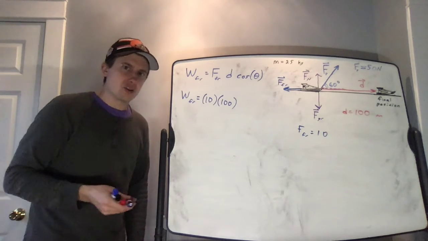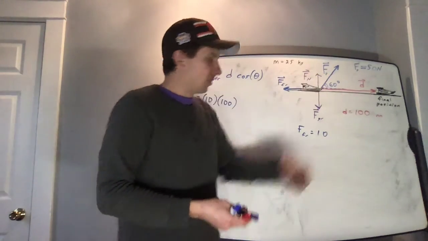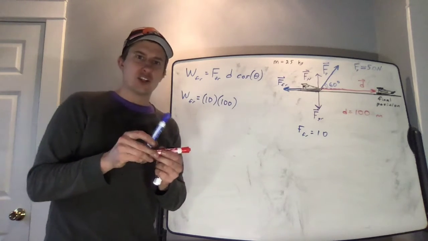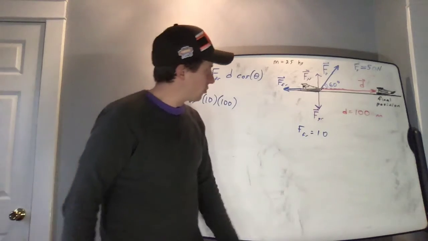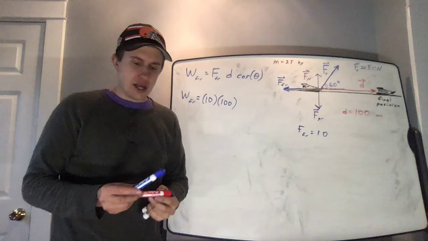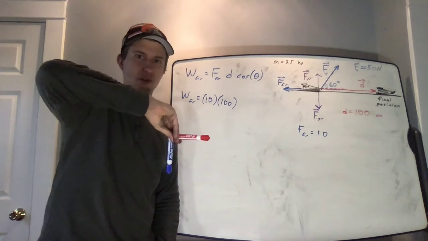When we considered the angle between the displacement and the force of our pull, the force of our pull was 60 degrees above the horizontal, so the angle that we used was 60 degrees. When we considered the force of gravity and the displacement vector, the angle between them was 90 degrees.